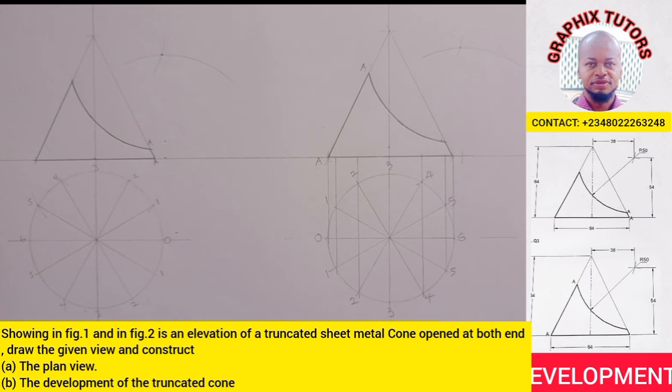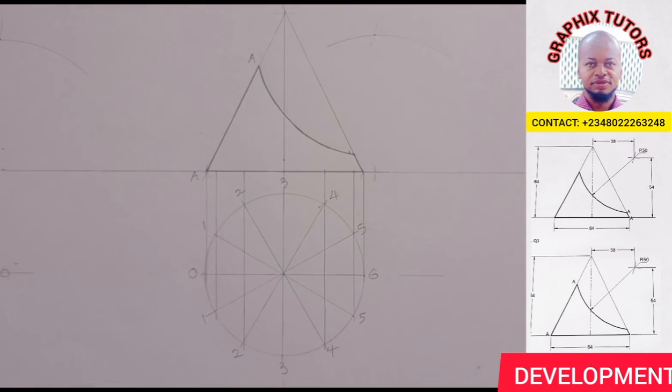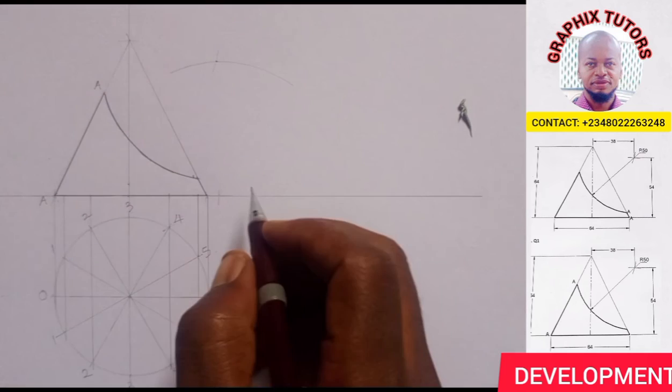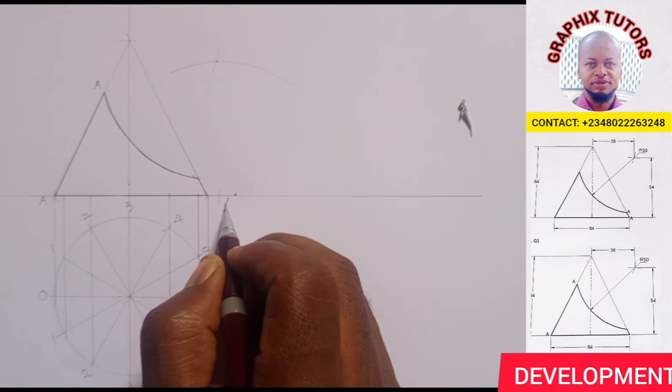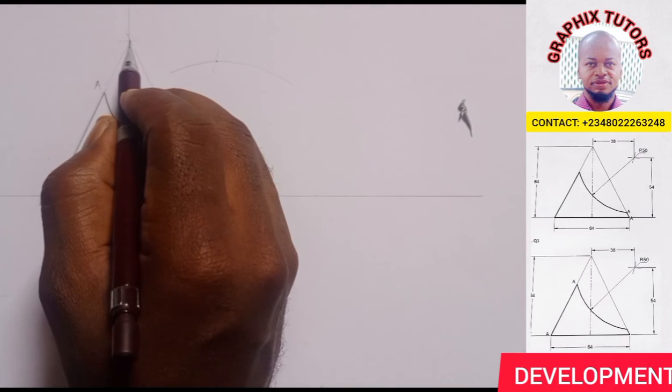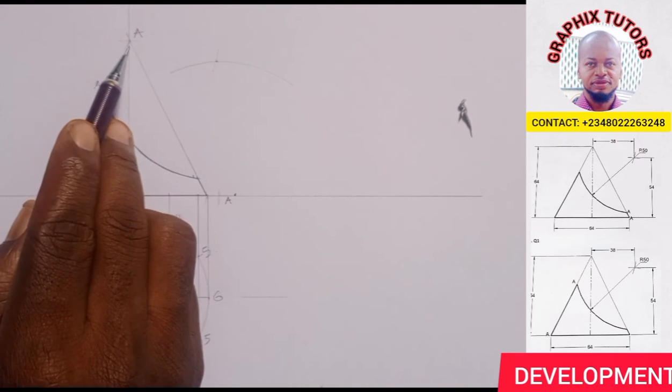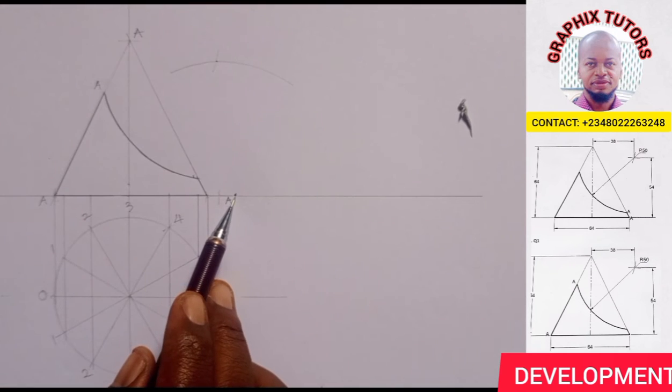Now the next thing that we're doing is, I'll move this to one side here. Just pick a point. I'm picking this point, point A. And here is my point A, which represents my apex, and I'm doing it here.